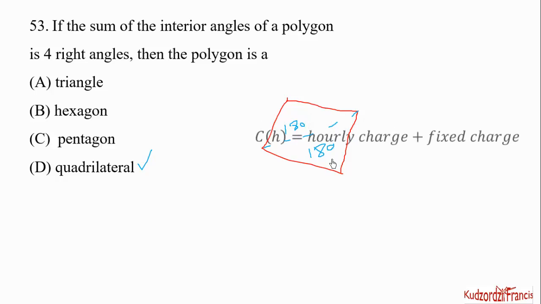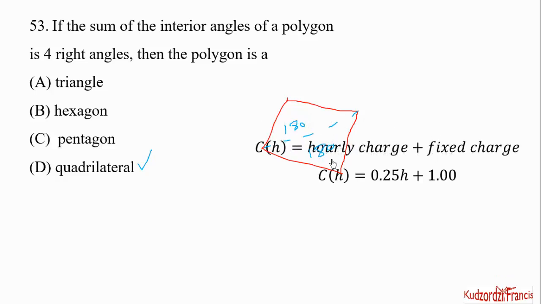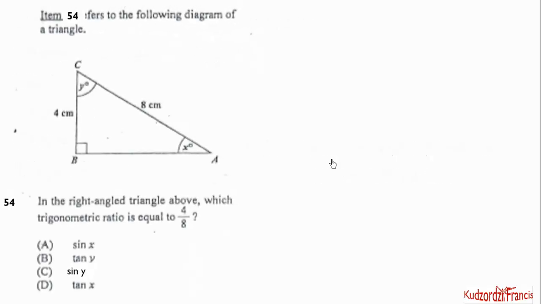Now let's move on to the next question, which is the 54th question. Item 54 refers to the following diagram of a triangle. In the right-angled triangle above, which trigonometric ratio is equal to 4 over 8?